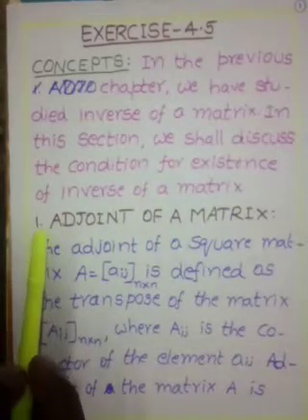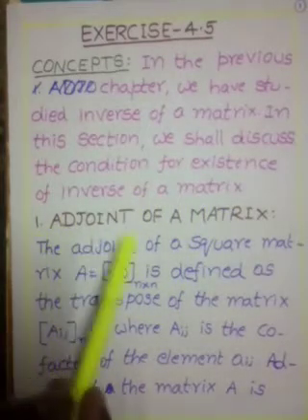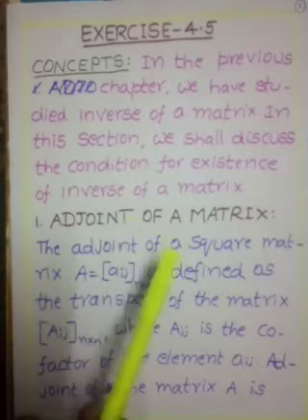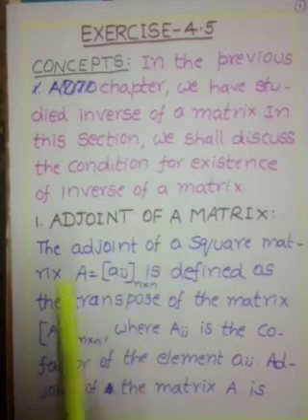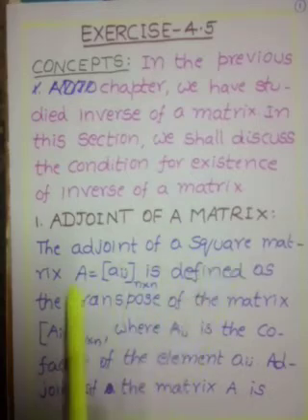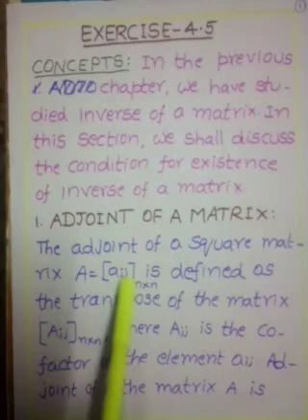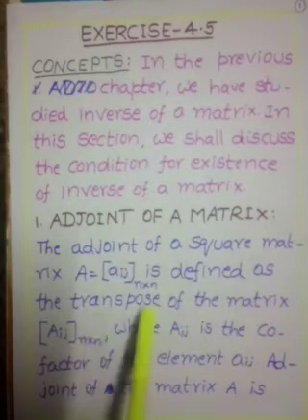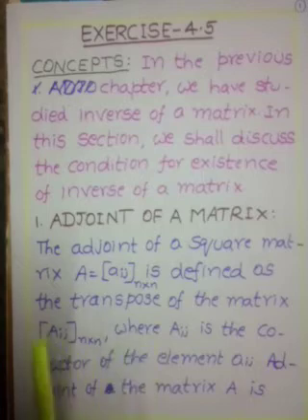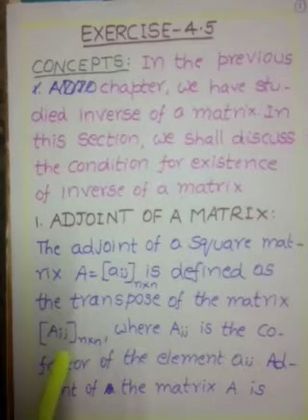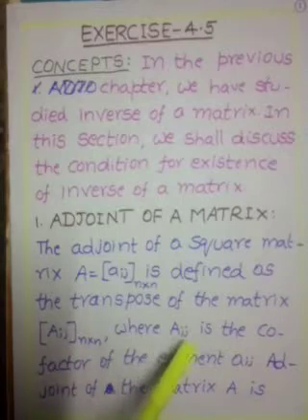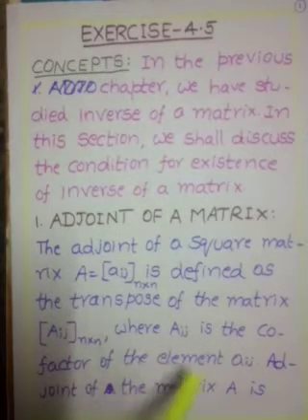Now, the first concept in this exercise: adjoint of a matrix. What is the definition of adjoint of a matrix? Let us discuss now. The adjoint of a square matrix A = [Aij] n by n is defined as the transpose of the matrix [Aij] n by n, where capital Aij is the cofactor of the element aij.